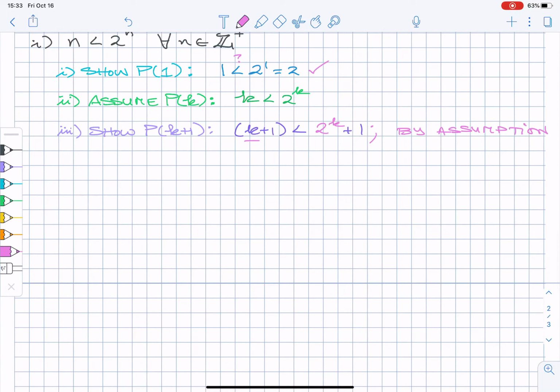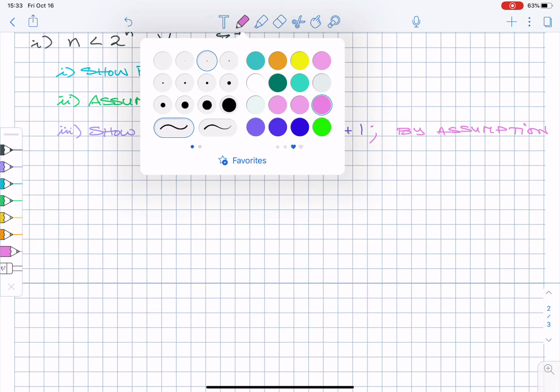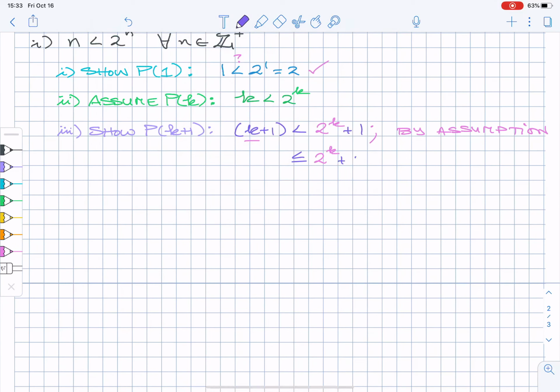But I'd like this to be eventually less than 2 to the k plus 1. Well, is 1 less than 2? Yeah, I claim that this is less than or equal to 2 to the k plus 2. And in fact, it's less than 2 to the k if I wanted to be even more precise. So let's underline, what color should I use?